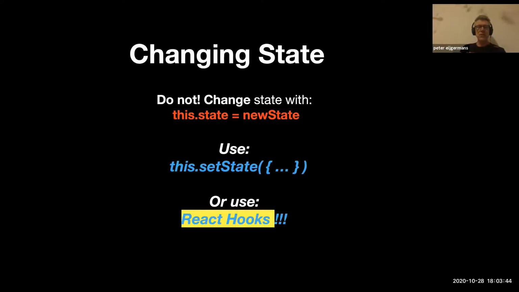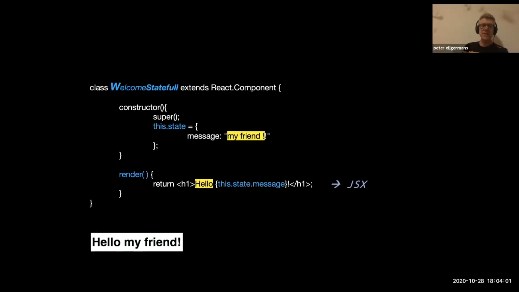So you have to use setState, or the new way, you can also use React hooks for this. I shall also show you that. But first, we start with changing the state with setState, the blue one.